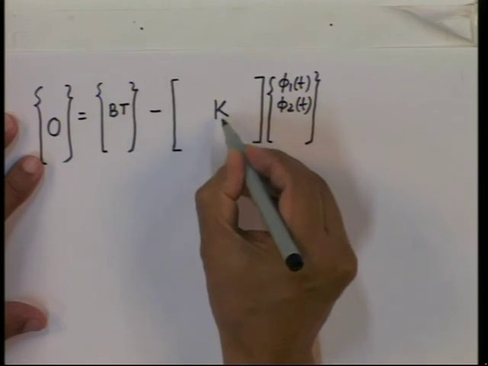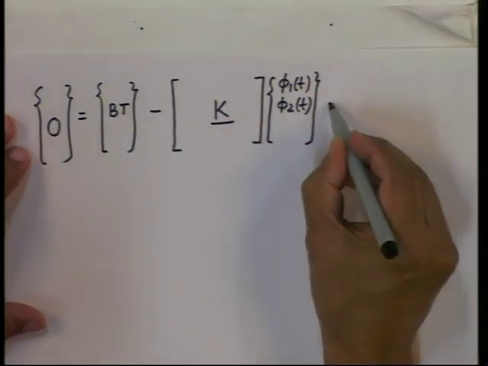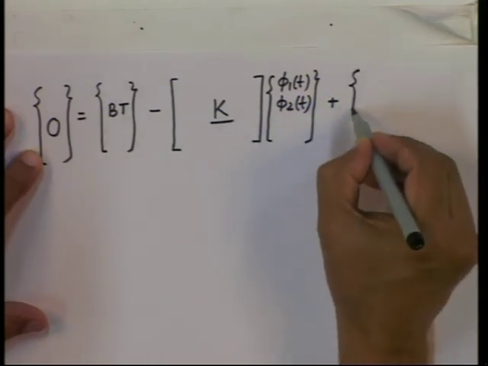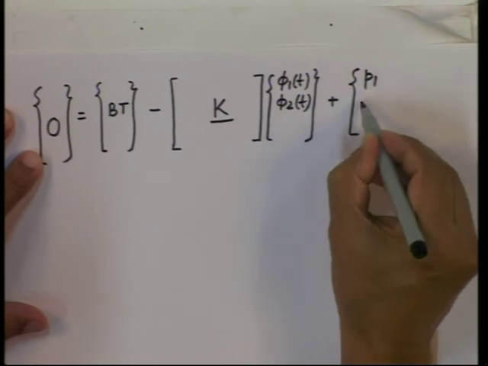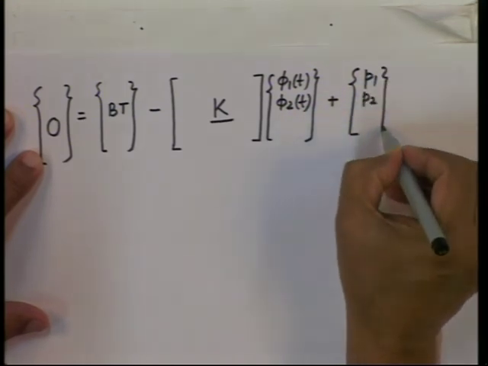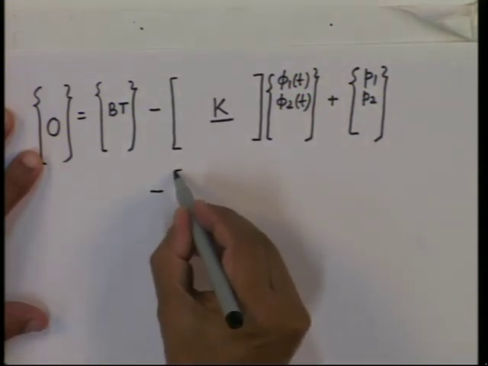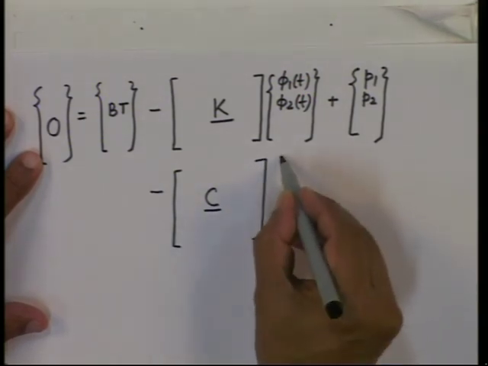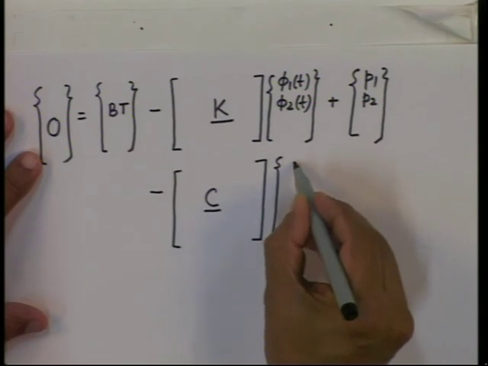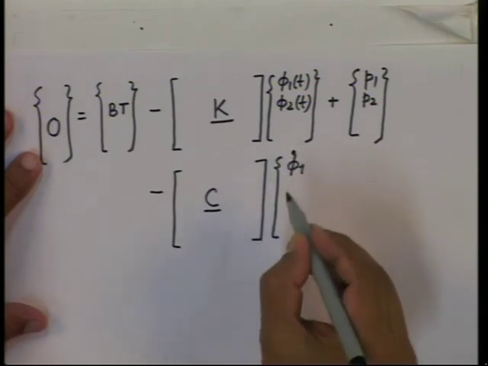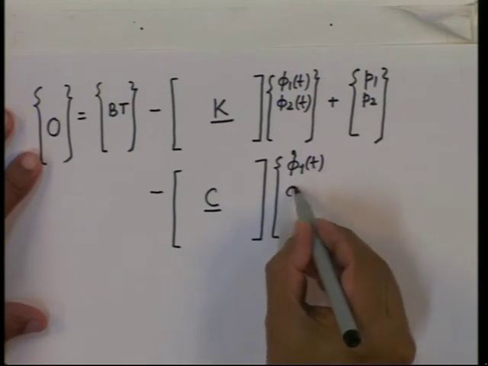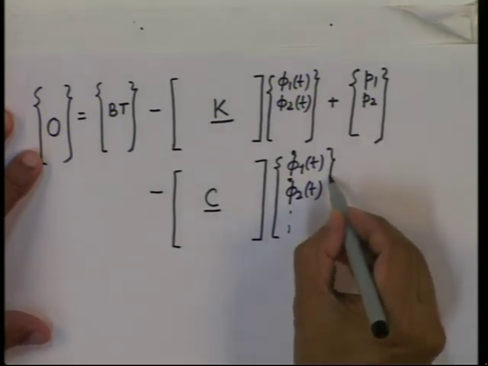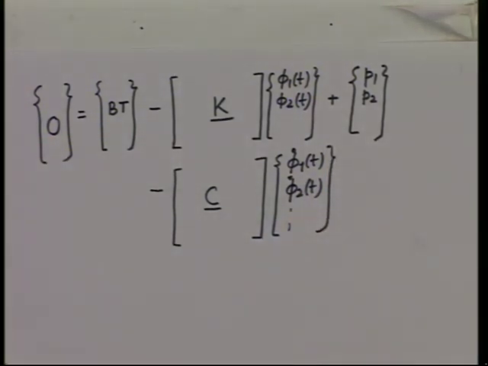So this will be the K matrix, minus, plus this will be, second minus, the third one will be the C matrix, and the only change will be that instead of this it will be φ1 dot, φ2 dot, like this.